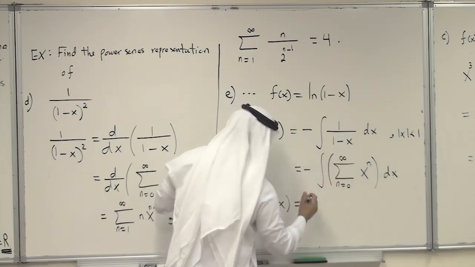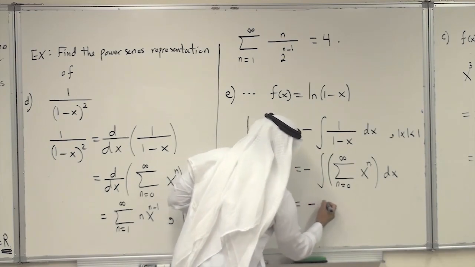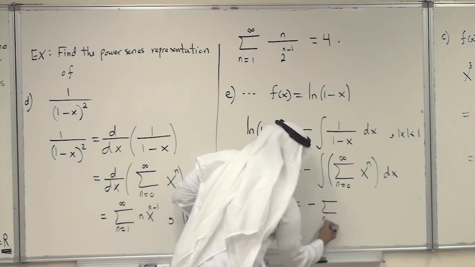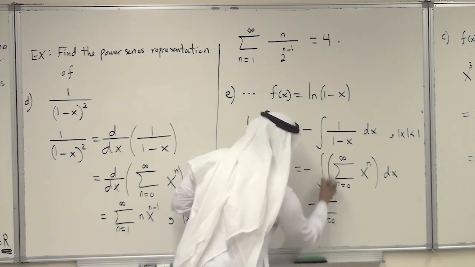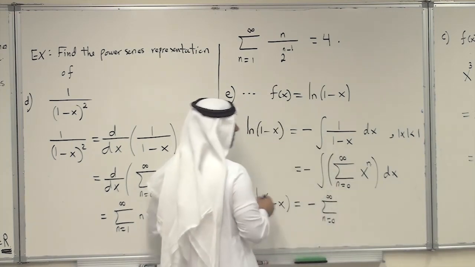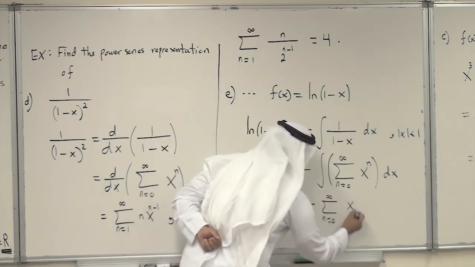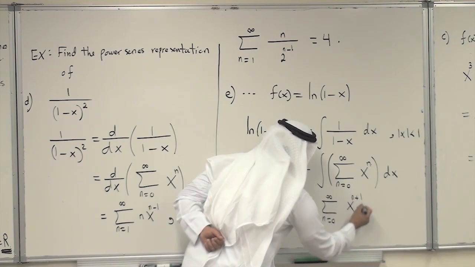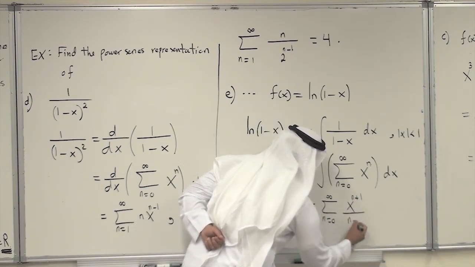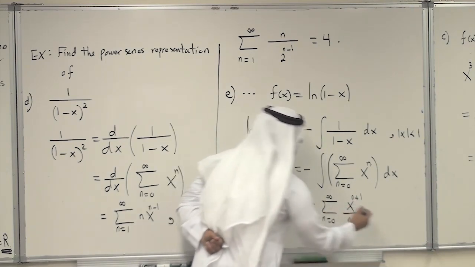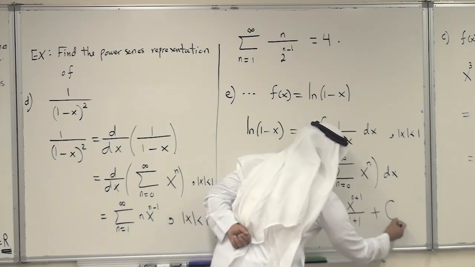So what should we do? We have minus the summation, n equal to, again, 0 to infinity because we are integrating, not differentiating. And this will give x to the n plus 1 over n plus 1, plus the constant of integration, which is equal to c.